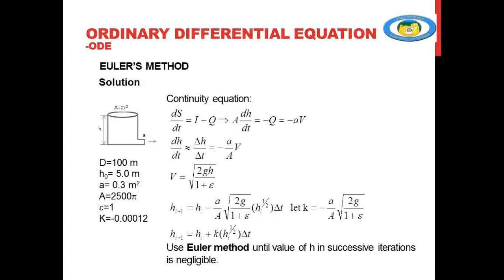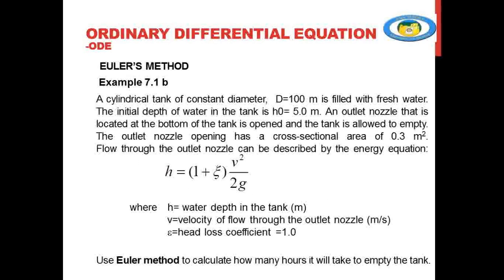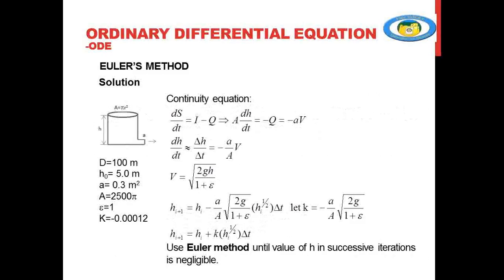and using the loss coefficient equation derived from the energy equation, we have tried to show that change in h per change in t is equal to negative small a over capital A times the velocity of flow through the outlet nozzle.